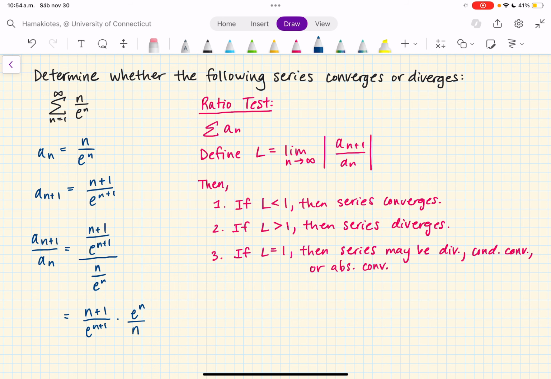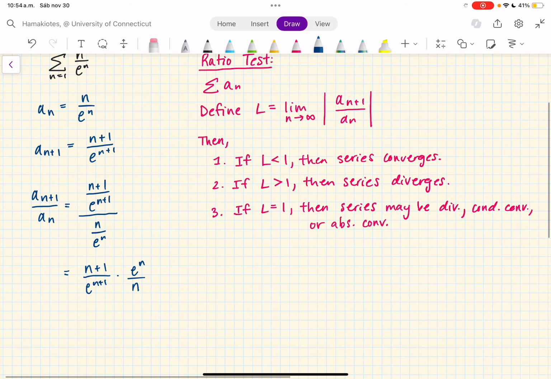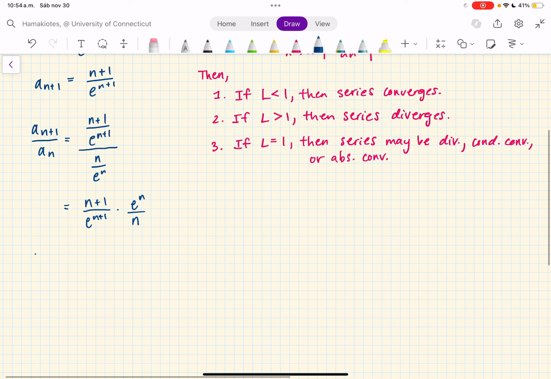Now let's determine what L is. So L equals the limit as n approaches infinity of the absolute value of a_n plus 1 over a_n. So that's going to be n plus 1 times e to the n all over, I'm going to write the n terms over each other and then the e terms over each other. So this is n times e to the n plus 1.